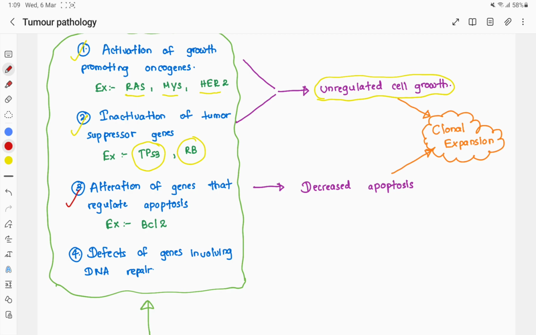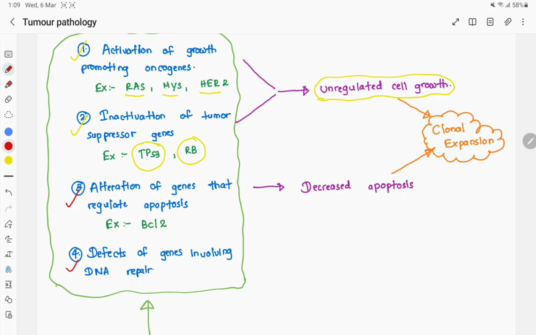Therefore, even though an abnormality is detected in that particular cell, because the cell cannot undergo programmed cell death, that abnormal cell can undergo the cell cycle, enhancing cellular survival.